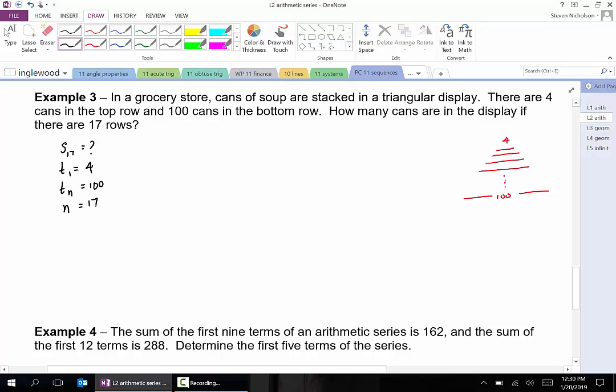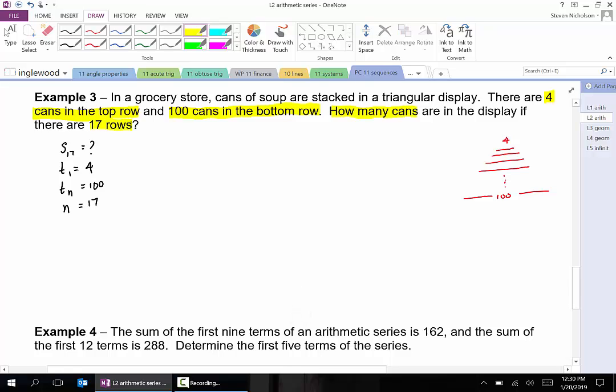So again, we look at this information, and basically it's understanding the story, understanding what the words represent. So again, things like there are 4 cans in the top row. There are 100 cans in the bottom row. So top meaning first, bottom meaning last. And how many cans? Well, that's S of n if the display has 17 rows, and that's n.